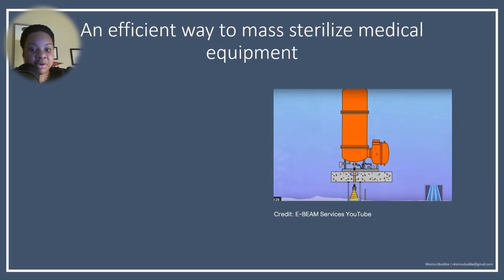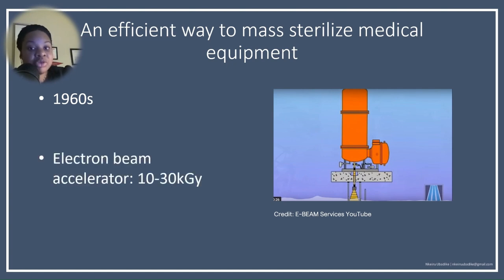Particle accelerators provide an efficient way to mass sterilize medical equipment, a process that has been in use since the 1960s and is done with the use of an electron beam accelerator. This short clip provides a little more explanation.